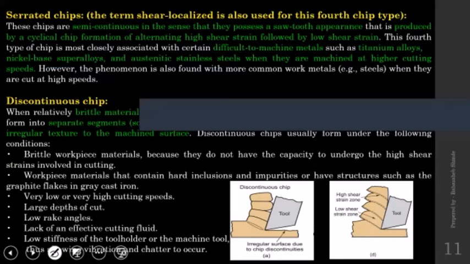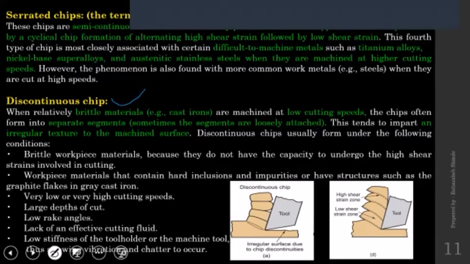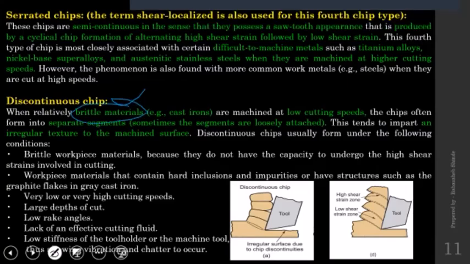And the last one is discontinuous chip. Discontinuous chips usually form when you machine a brittle material. You can observe it easily when you machine cast iron: as you start machining, the formed chips will be like a powder, or will have powder form.